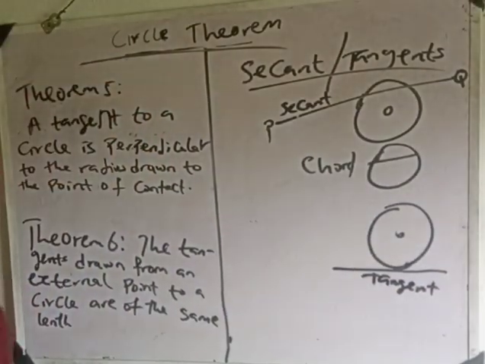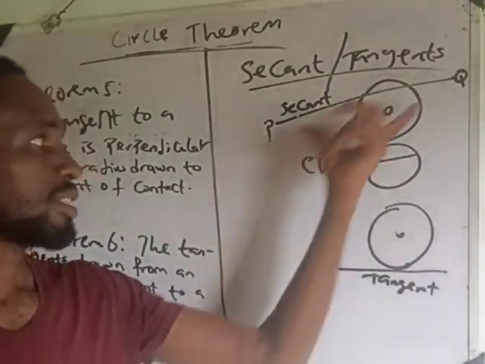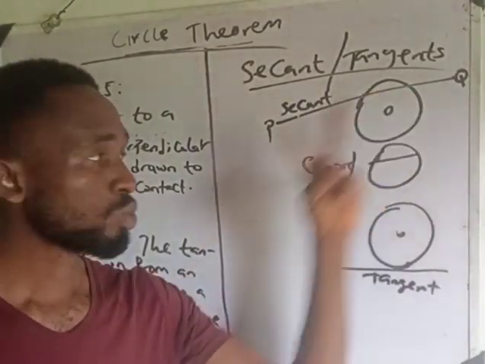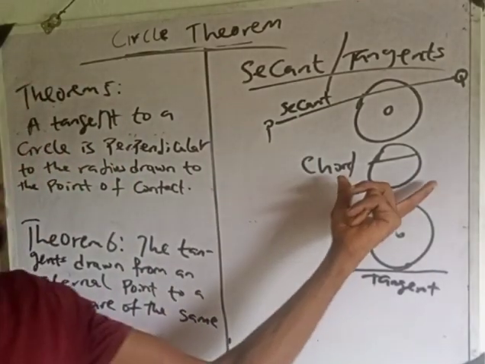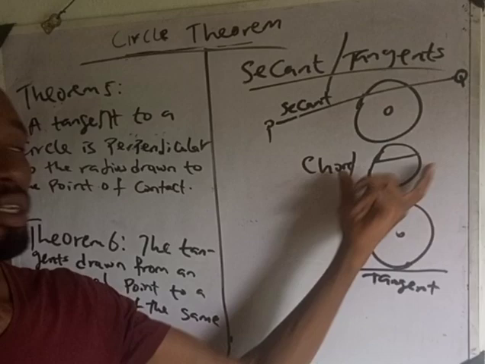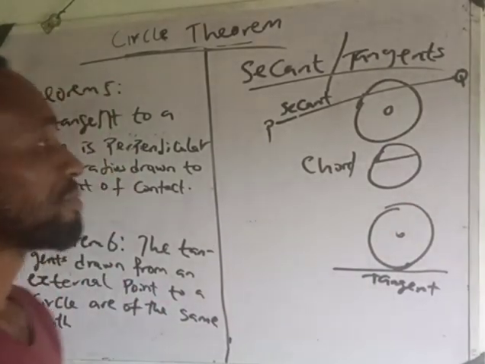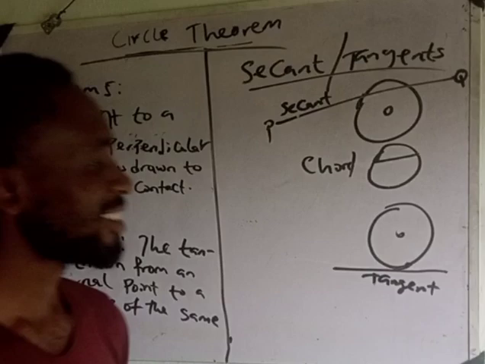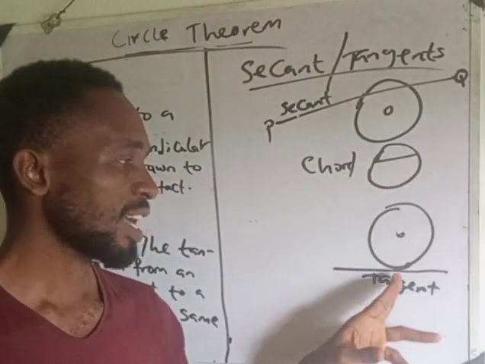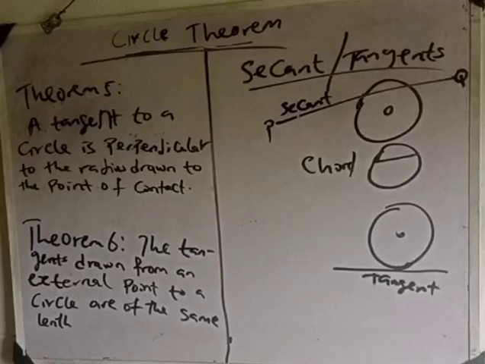So far I think you can tell the difference between a secant, a chord, and a tangent. Secant touches the circumference of the circle at 2 points. Chord does not go beyond the circle, it just stops at the boundaries of the circle. Why tangent? Tangent touches the circle at only 1 point.